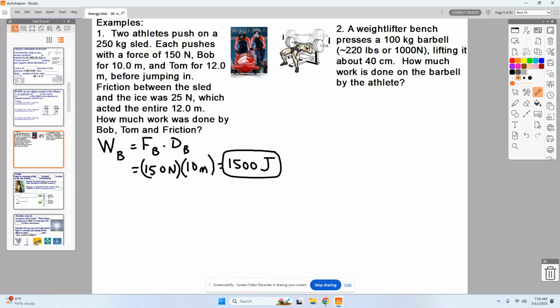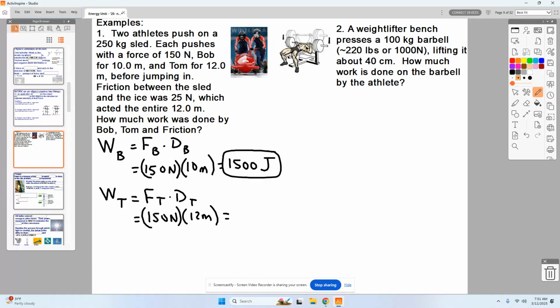Now, Tom, person in the back, he pushes for a little bit longer. So I'm, again, being very explicit with my writing here so that I know who's doing that work. He pushes with 150 newtons. He does that for 12 meters. Now, you might need to use a calculator for this, but try not to do it.